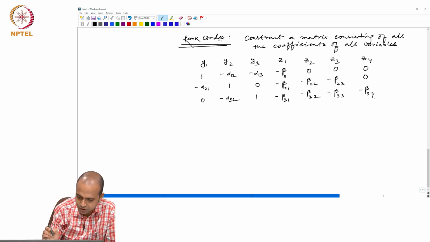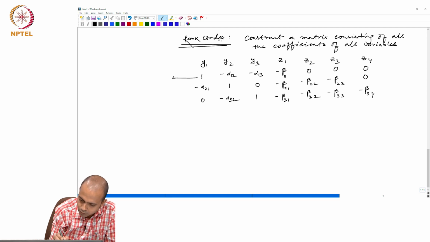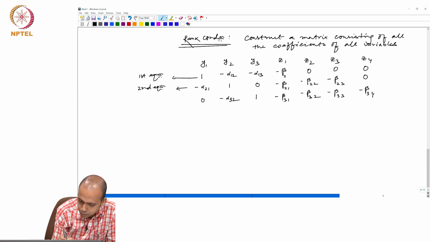Okay, so this is for the first equation, this is for the second equation, this is for the third equation.